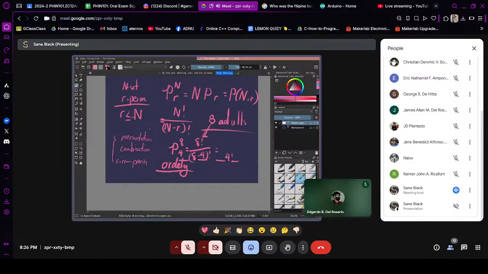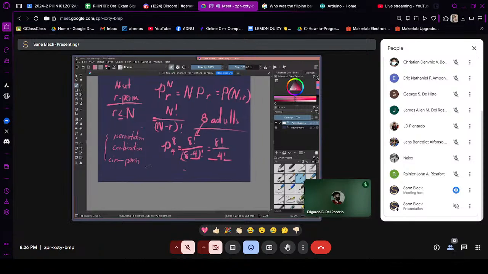To simplify this, just in case someone does not know how: usually when you see a factorial divided by a smaller factorial, you can just write 8, 7, 6, 5, and then 4 factorial.